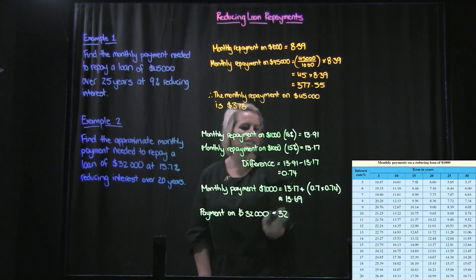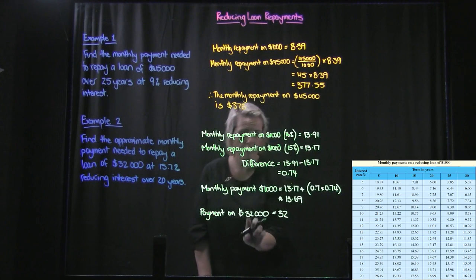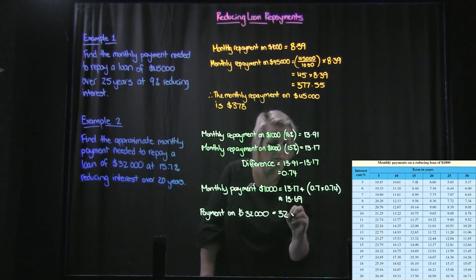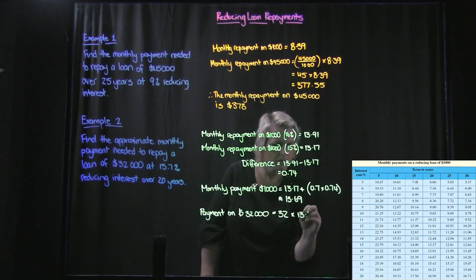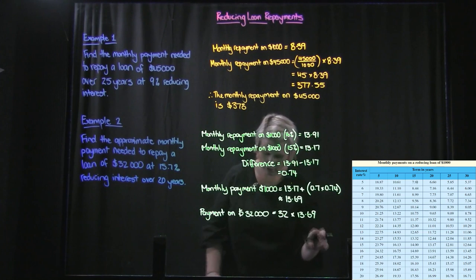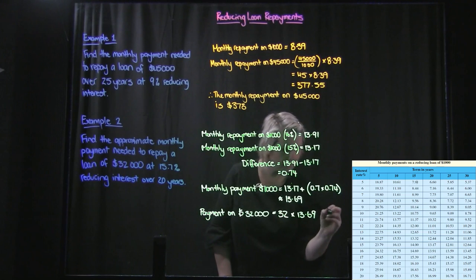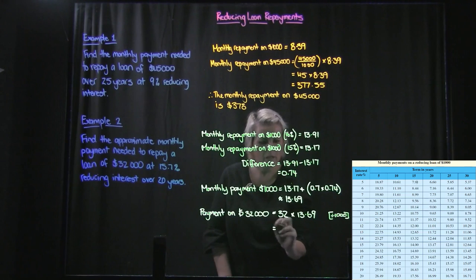So $13.69 for $1,000. I've got 32 lots of $1,000. So I'm just going to multiply that. So I can just put over here that I divided by 1,000 to get the 32.